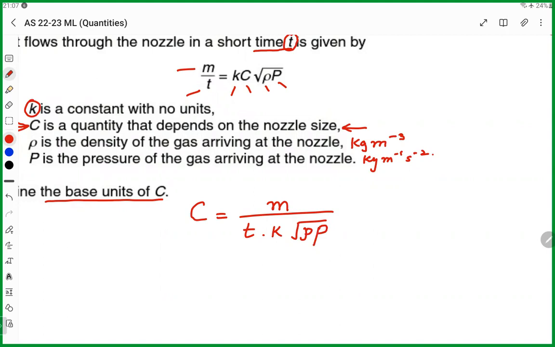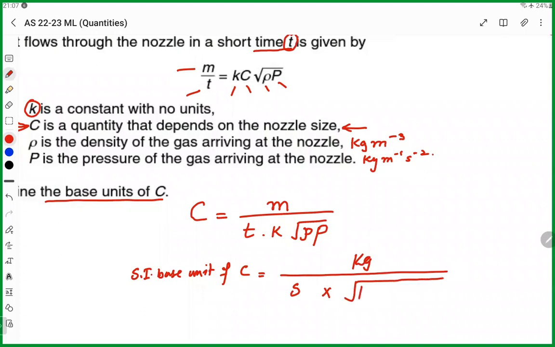So unit of C: unit of mass is kg, time is second, K will have no unit, so we will just simply ignore it. Multiply by under root of density's unit, kg per meter cube, and pressure is kg m minus 1 s minus 2.